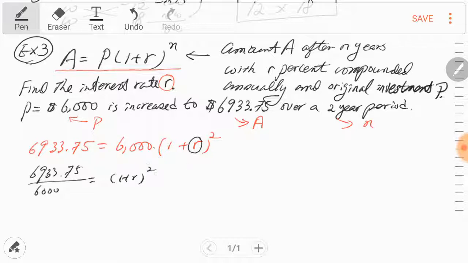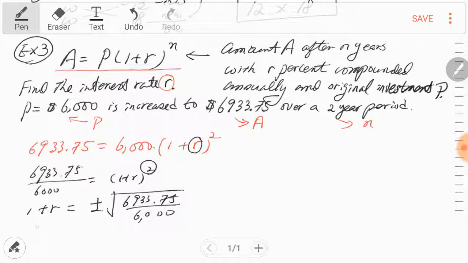Since R is in the base, we can get rid of this square. Then we have 1 plus R is equal to plus or minus the square root of the left side of the equation.